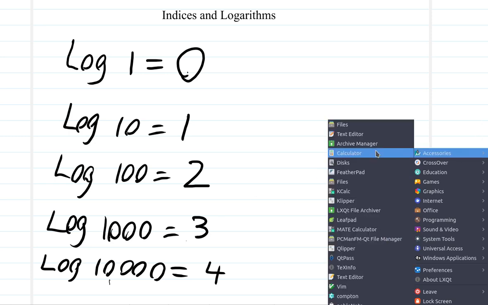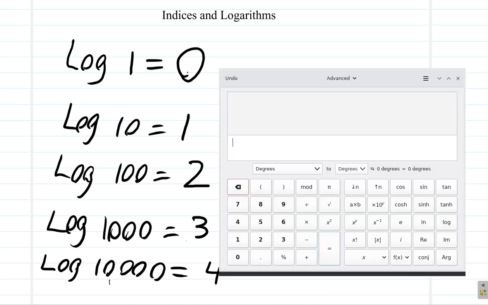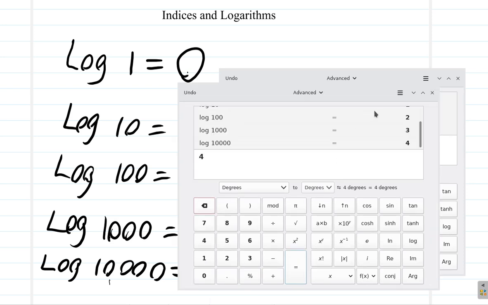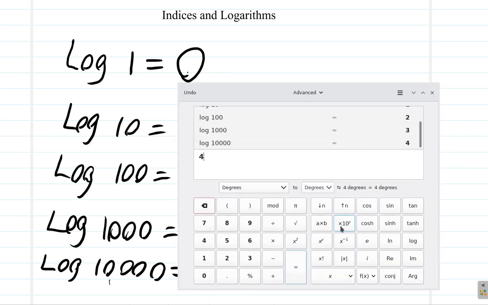Now, let me look back at my calculator. It might be different from the scientific calculator you have. But I see here, log, logarithms.